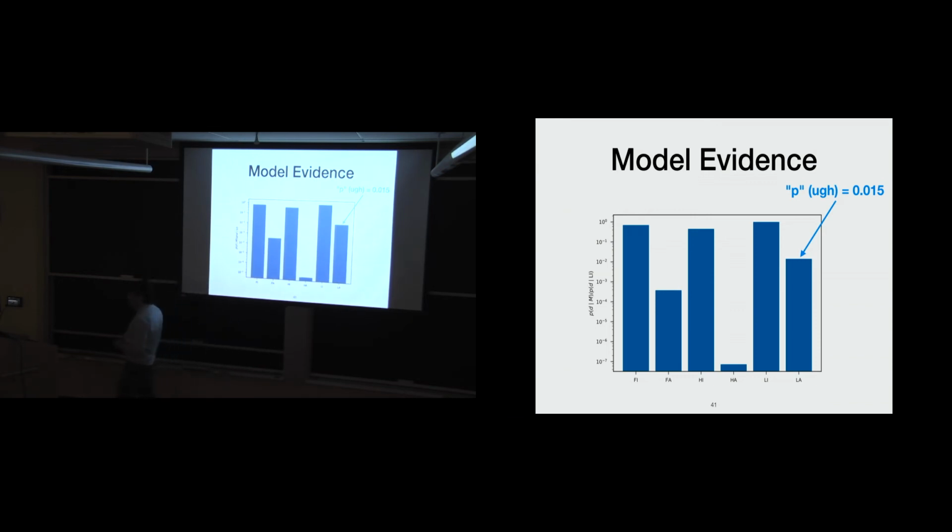The best isotropic model outweighs the best aligned model by a factor of nearly 30. So if you like to think in sigmas, p is less than 0.05. It is a socially scientifically significant preference for isotropically oriented spins over aligned spins.